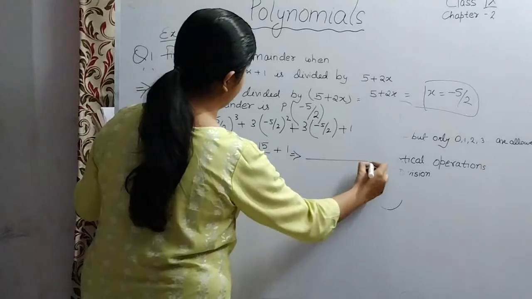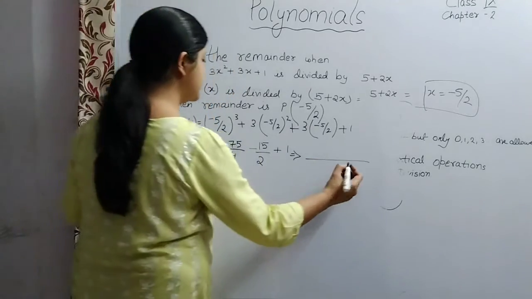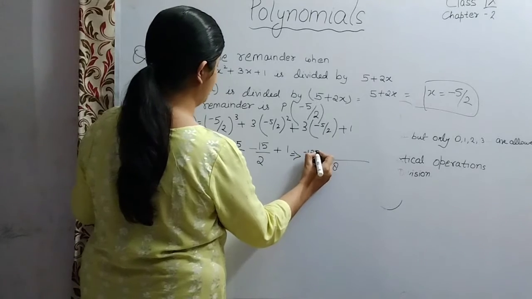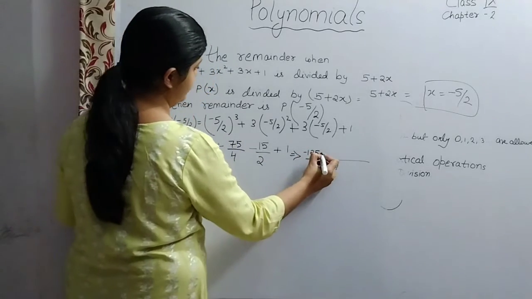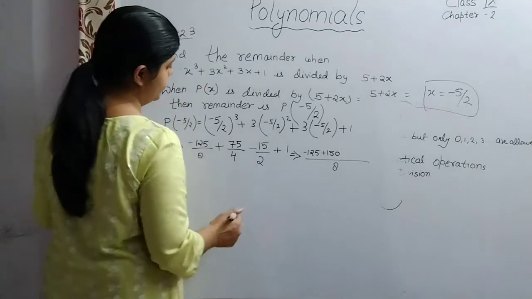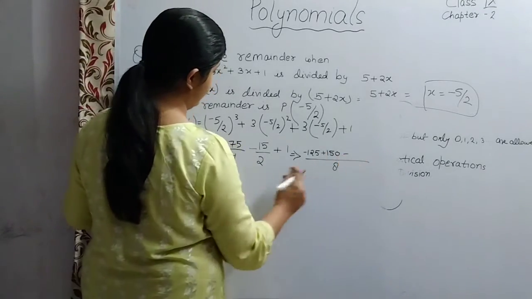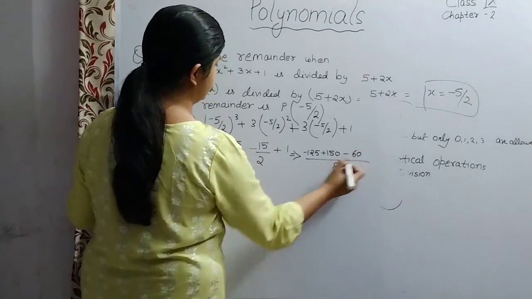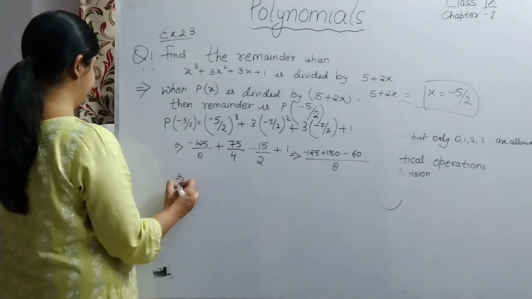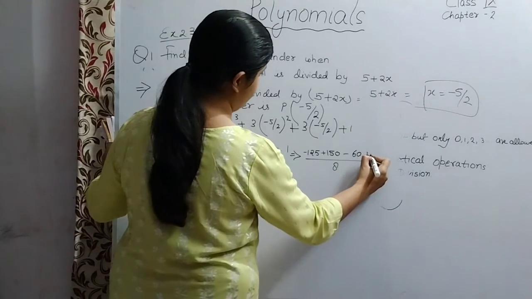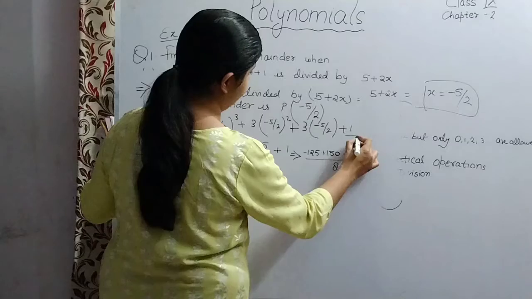Now taking the LCM of this, it becomes minus 125 plus 2 into 75, minus 15 fours are 60, and here plus 8.